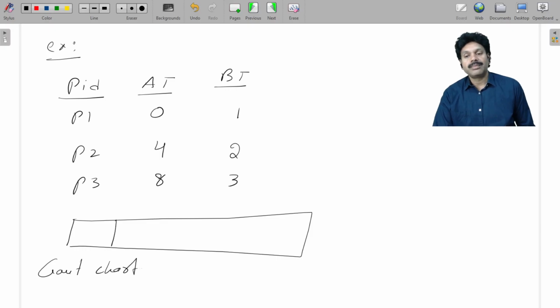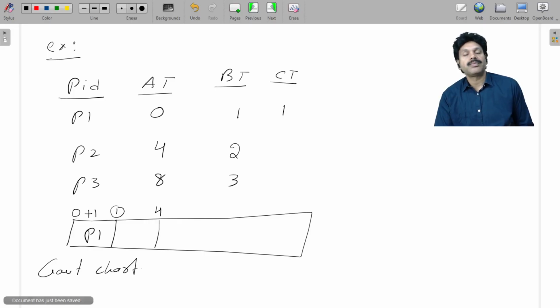At time 0, only one process has arrived. That is P1. So P1 is executed for how many units of time? 1 unit of time. So P1 got completed at 1. Now, no other process has come till 4.